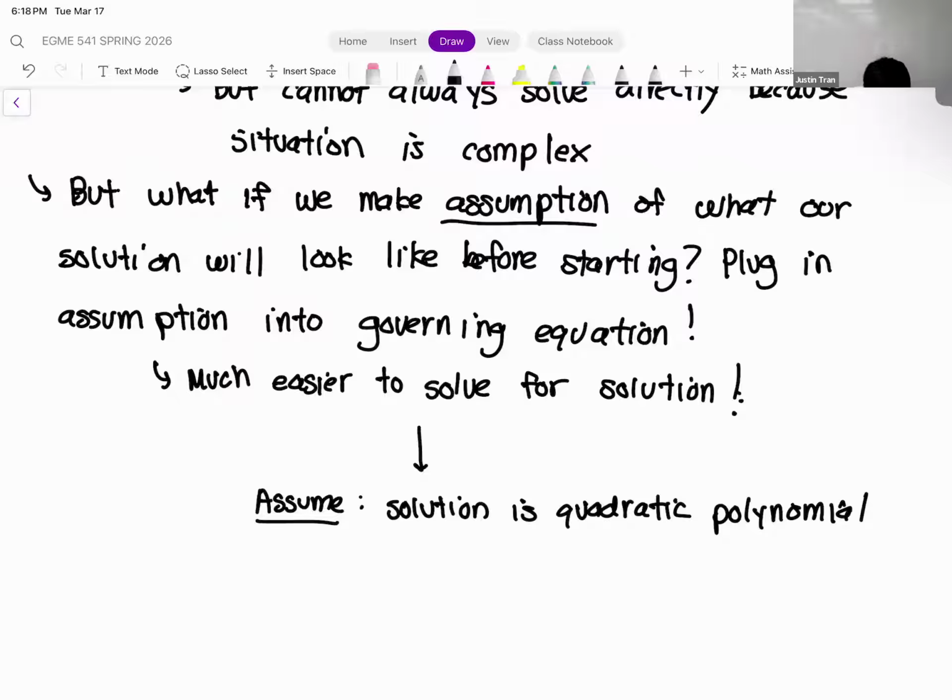I'm going to go based on the heat transfer one, so we're going to assume that T of x is equal to, well, we don't know exactly what the coefficients of that quadratic polynomial are going to be, but we can at least create a generic quadratic polynomial. So T of x equals a0 plus a1 x plus a2 x squared. We have the constant term, the linear term, and the quadratic term all accounted for there.